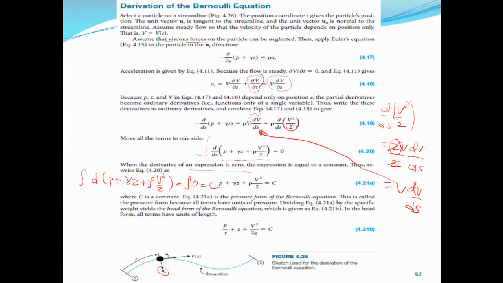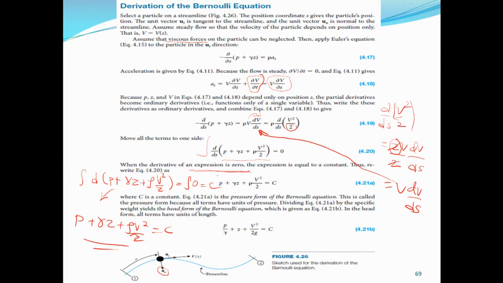You get c. The integral of d of this gives you the same value here, which is p plus gamma z plus rho v squared over 2, which is equal to a constant, okay? So that is why, when the derivative of an expression is 0, the expression is equal to a constant.